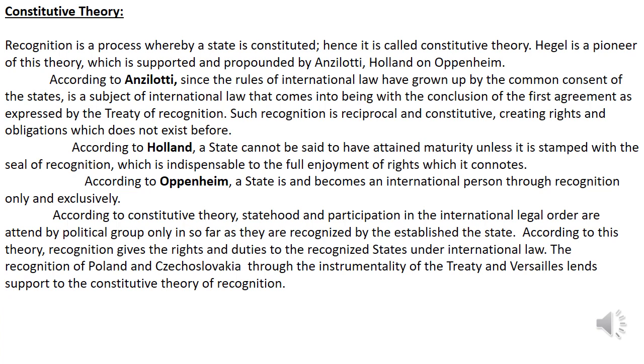According to Holland, a state cannot be said to have attained maturity unless it is stamped with a seal of recognition, which is indispensable to the full enjoyment of the rights which it connotes. According to Oppenheim, a state is that which becomes an international person through recognition only and exclusively.